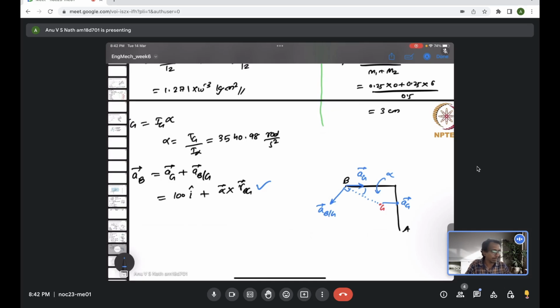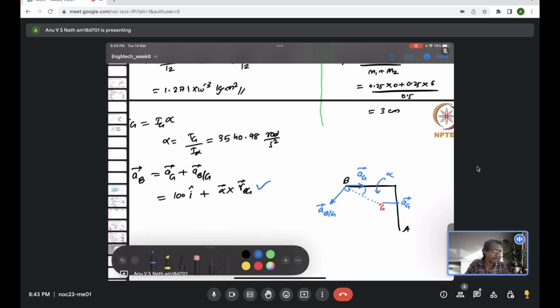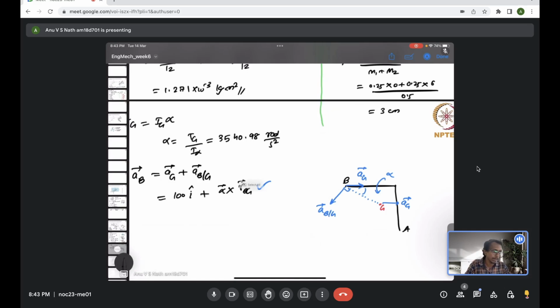The magnitude is known, the direction is also known, but you have to take care during the vector addition process, so that you will get the net vector result of acceleration of B. What is asked is its magnitude, so you can evaluate it using the vector addition law.